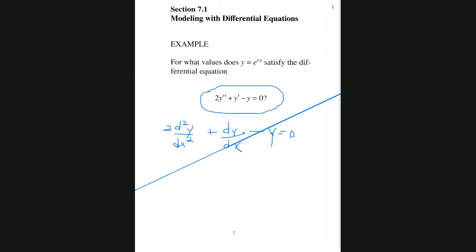And just like with any equation, we're interested in solutions. Solutions to the differential equation. Can we solve the differential equation? Well, in this introductory section 7.1, you're not going to have to formally solve a differential equation from scratch just yet.